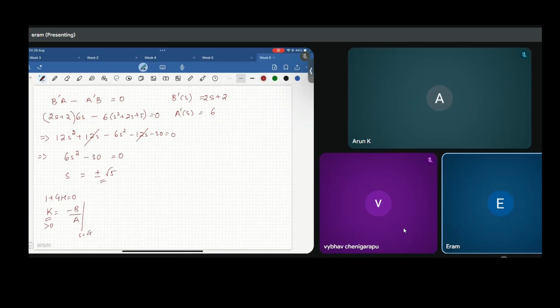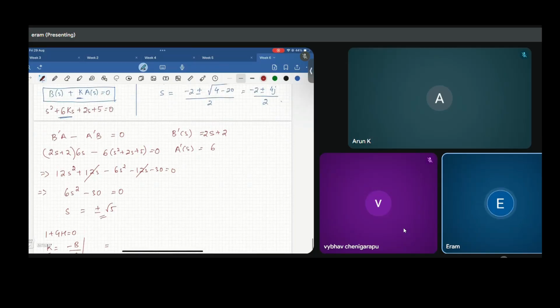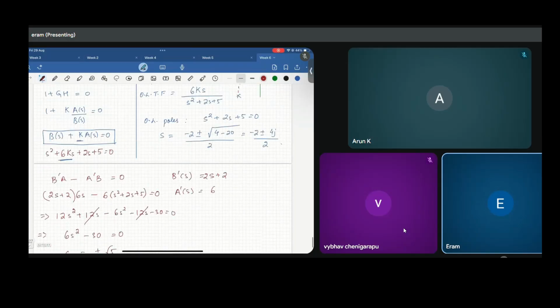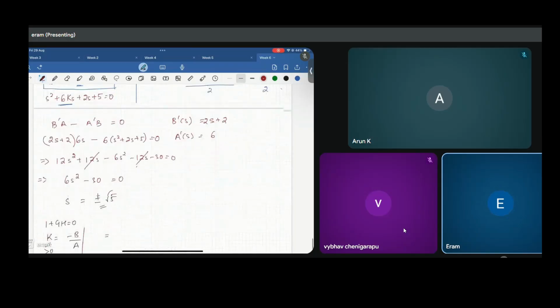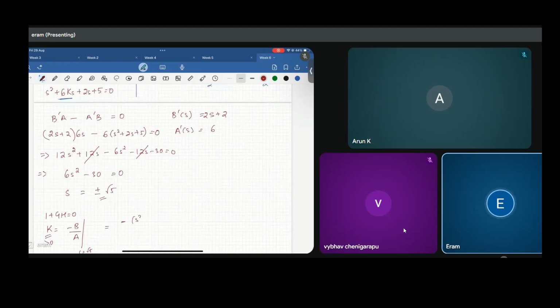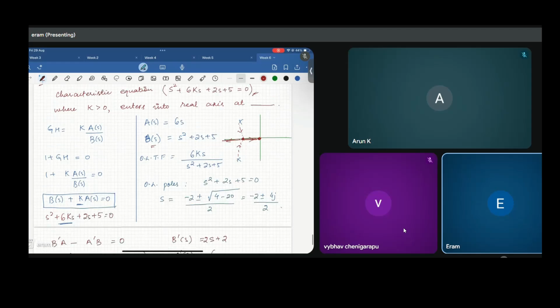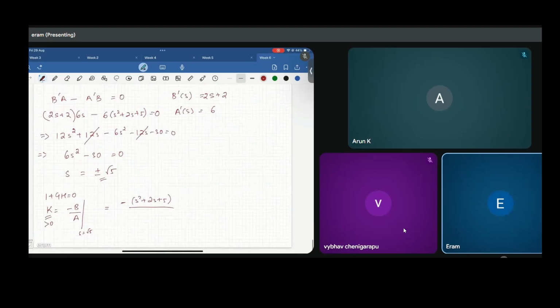Let's solve it for plus root 5 first. Then it will be minus B by A, which is minus (s square plus 2s plus 5) divided by 6s. If we put root 5, it will be minus of (5 plus 2 root 5 plus 5) divided by 6 root 5.